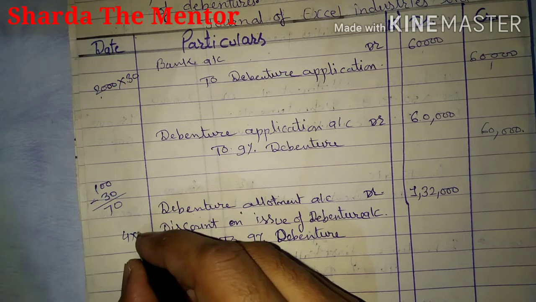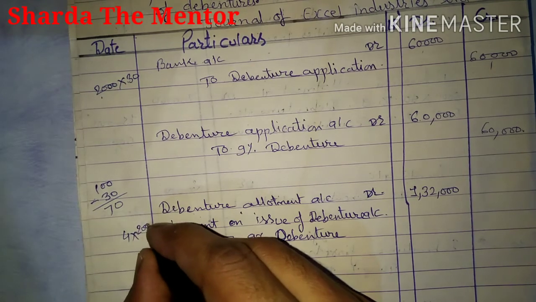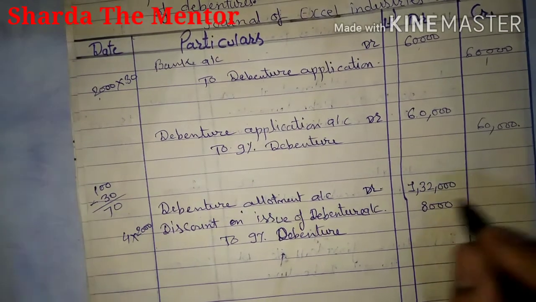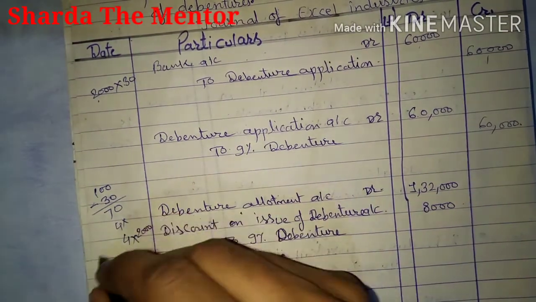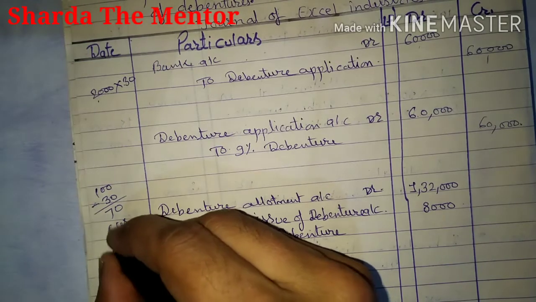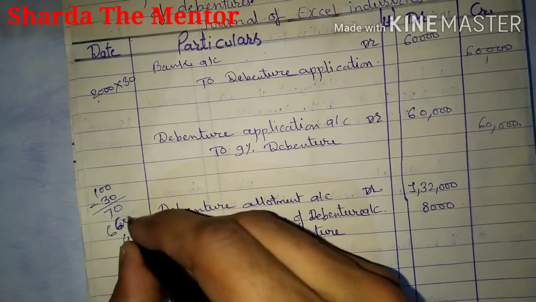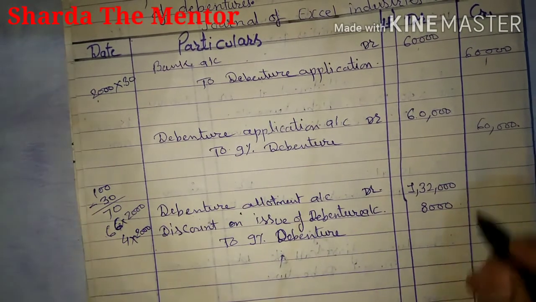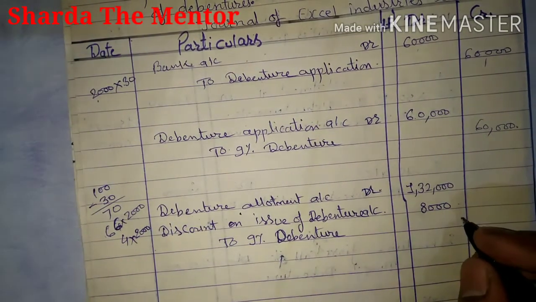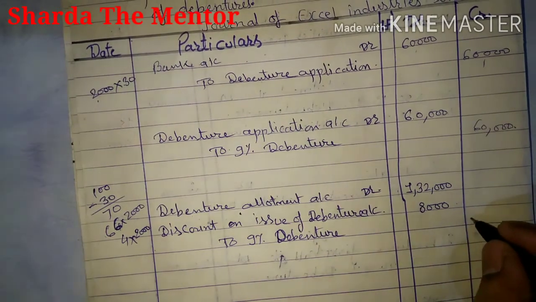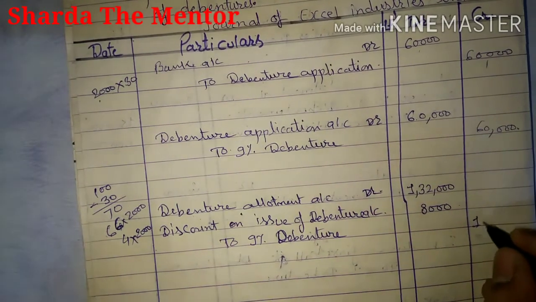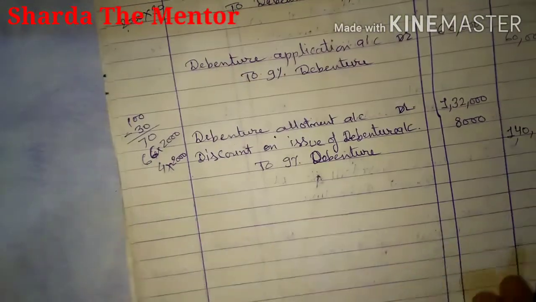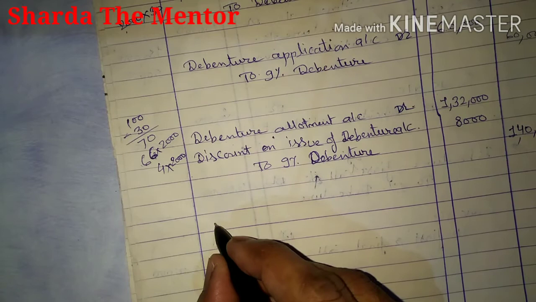On that you have to multiply 2000, so that is 8000, and the remaining 66 into 2000 is 1,32,000. So the total amount is 1,40,000.